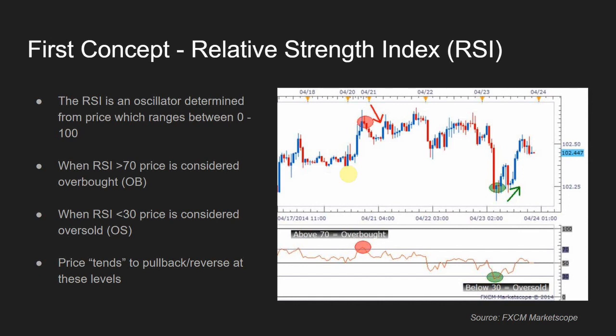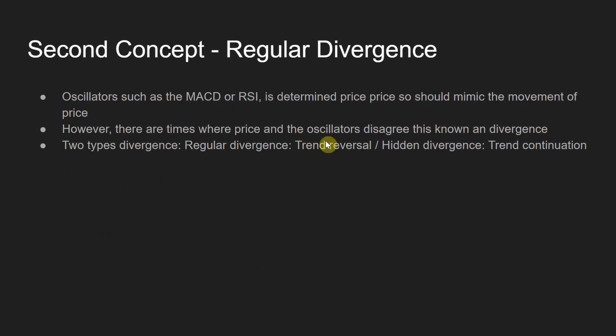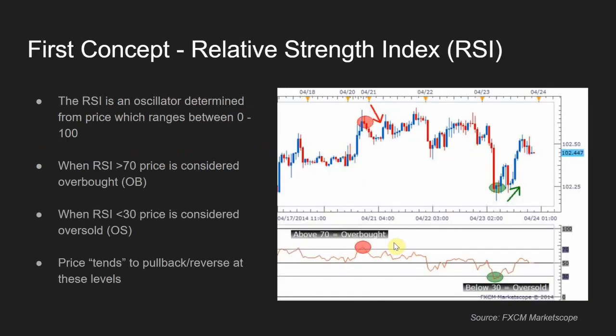The next concept is regular divergence. As I mentioned earlier, oscillators such as the RSI, and there are others like the MACD and the stochastics, hopefully some of these names are familiar to you, are all calculated using price and therefore should mimic its movement.